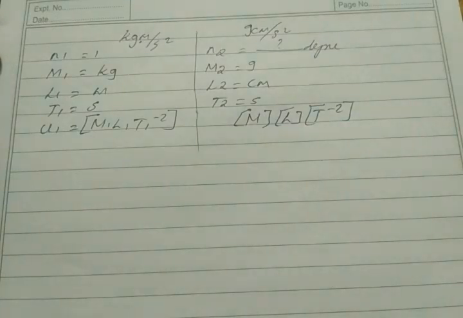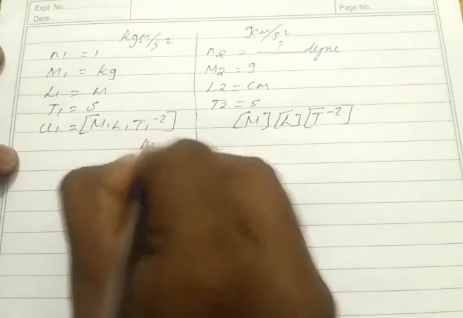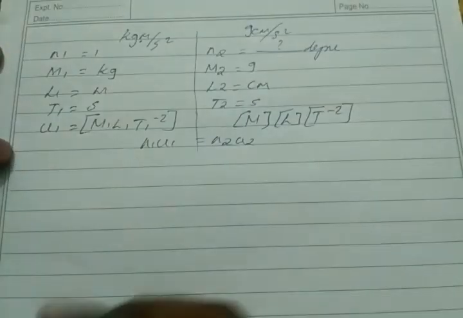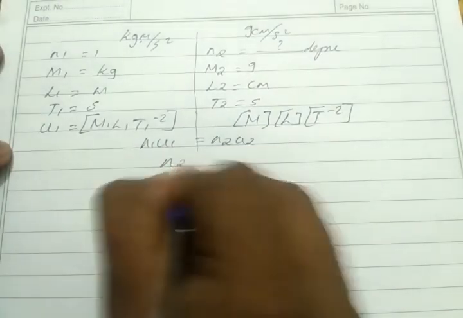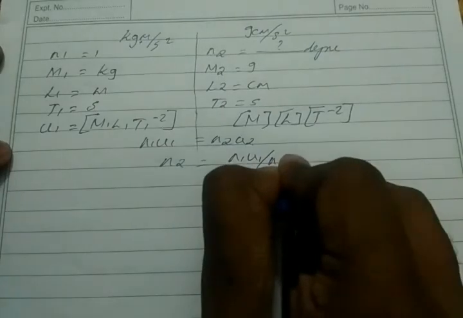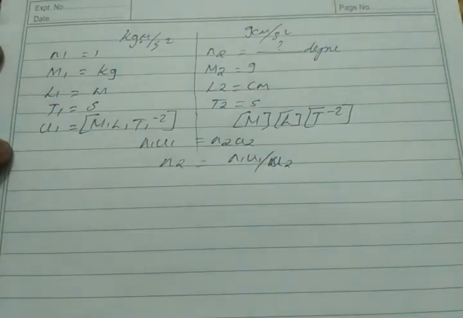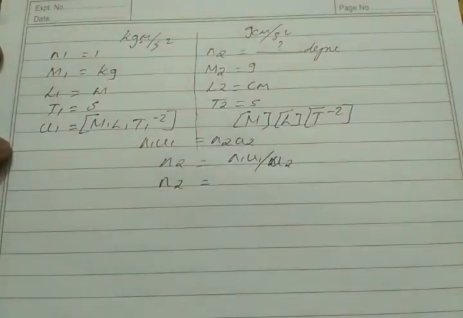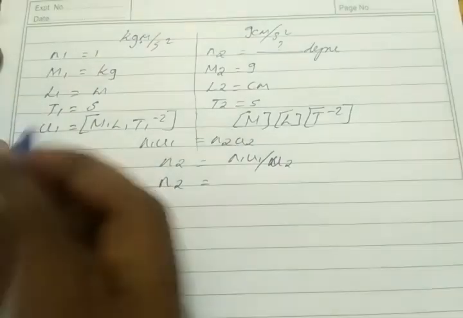Clear? By using this formula, N1 U1 should be equal to N2 U2. So find the value of N2. N2 equals N1 U1 divided by U2. Then substitute the values. What is the value of N1? N1 is given as 1.